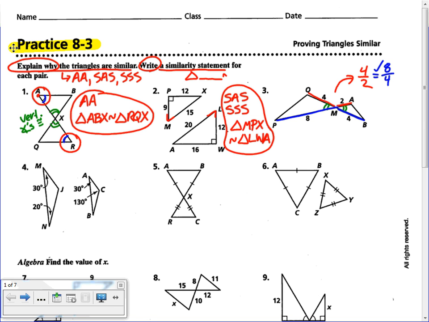So these triangles are congruent by SAS, and it's triangle, is that an O or a Q? Let me erase, there it's a Q. Triangle MPQ, alphabetical order, is similar to what coordinates to M, but itself. And P coordinates with B, and Q coordinates with A.